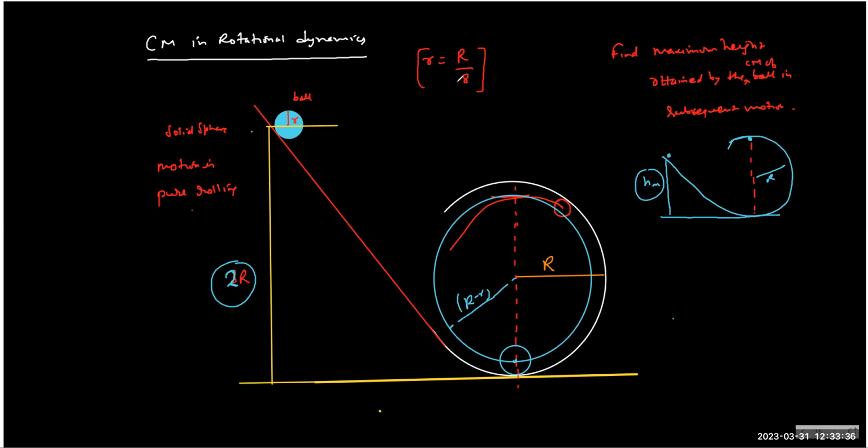Why do you just take the translation? For which case, sorry? Because the center of mass velocity depends on translation. See, the half I omega square energy is of no use for dynamics, right? Okay.